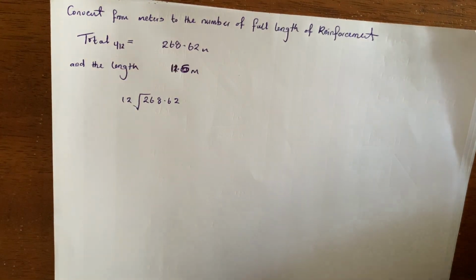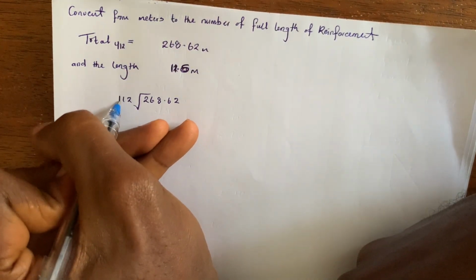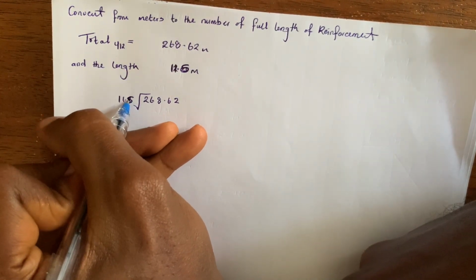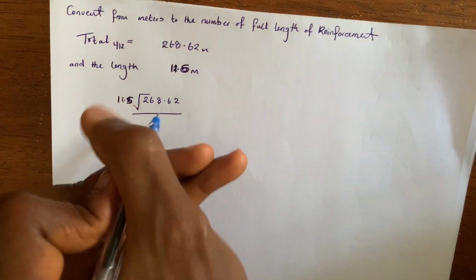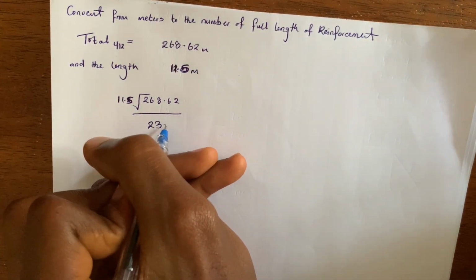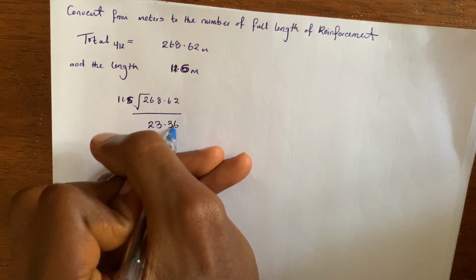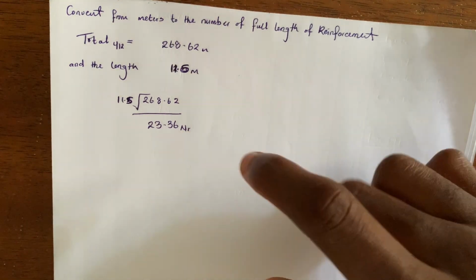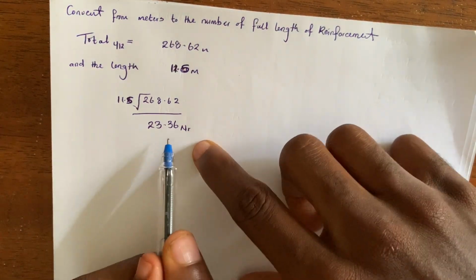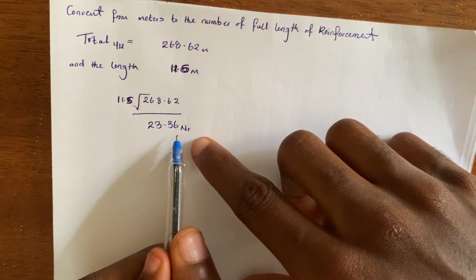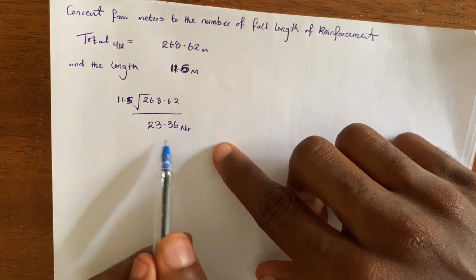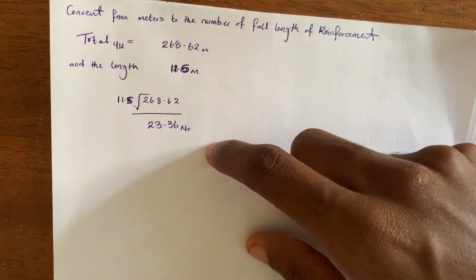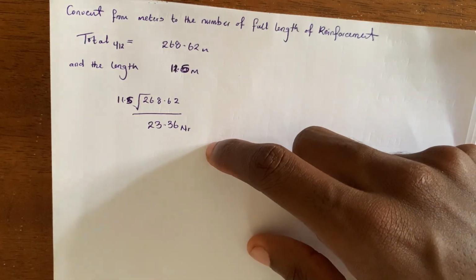So we divide it by 11.5 meters, what are we going to be having? 23.36 number. So when we go to the market, we are going to be needing 23.36 lengths of 12 mm reinforcement in order to construct this staircase.